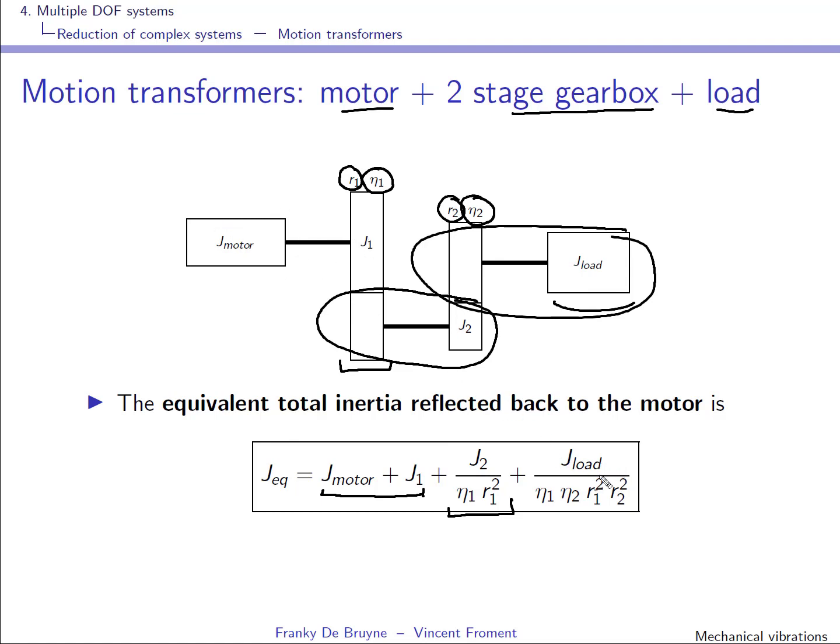So J load has to be divided by the two gear ratios squared, and you have to divide by the two efficiencies, the efficiency of the first stage and the efficiency of the second stage. And this is the equivalent moment of inertia seen by the motor.